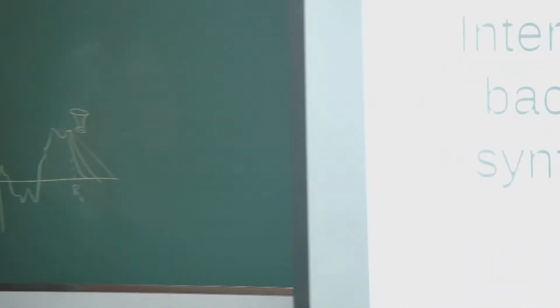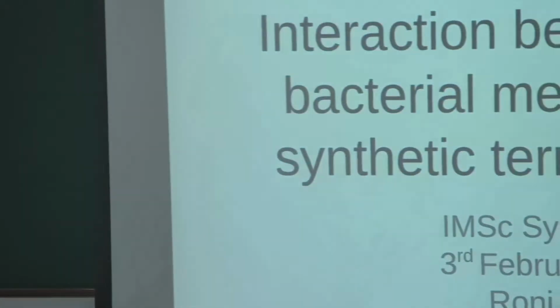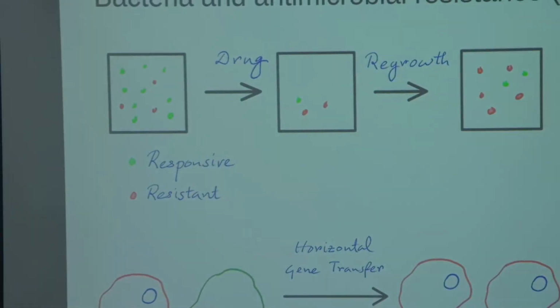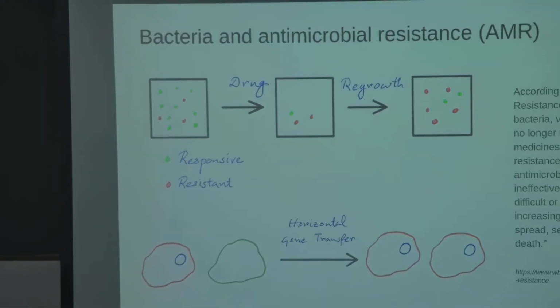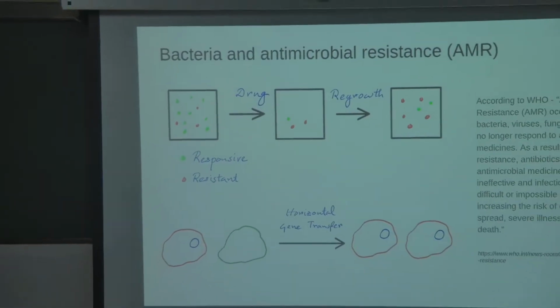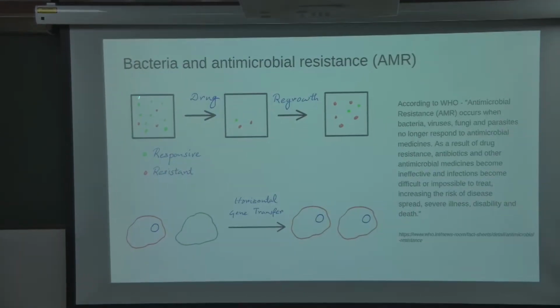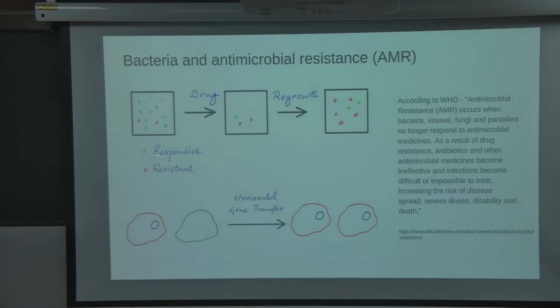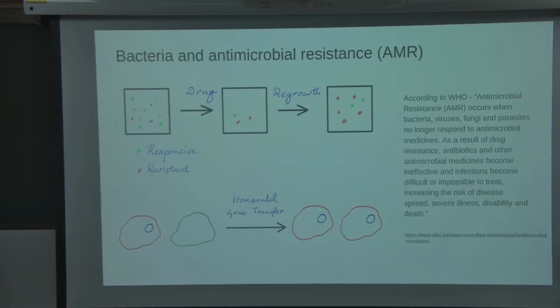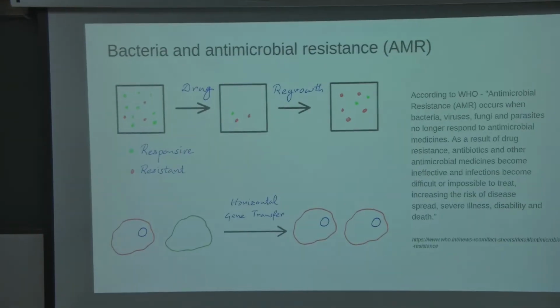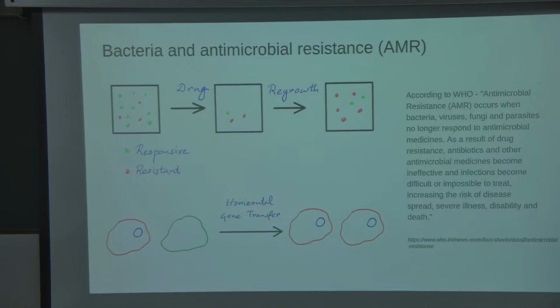Before I go into the nitty-gritty of the talk, I will first give some introduction to antimicrobial resistance, which is a leading cause of hospital deaths. The idea is this: an individual has a population of bacteria which is responsive to certain drugs, and in this same population there are some bacteria which are resistant to the drug as well.